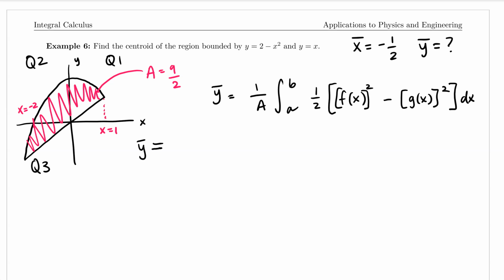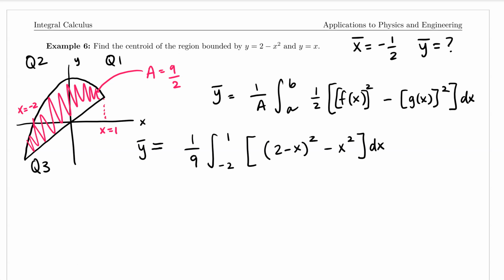Okay, so y bar is equal to, I'm going to take the reciprocal again of the area, which is 2/9, and if I factor out the 1/2 and I multiply those, that should leave me with 1/9. My limits of integration are from -2 to 1, and we have 2 minus x quantity squared minus x squared dx.